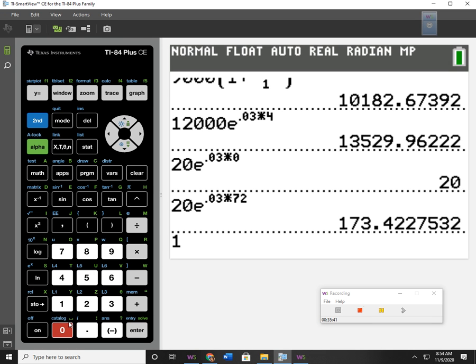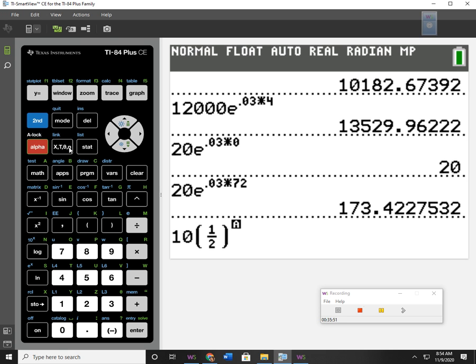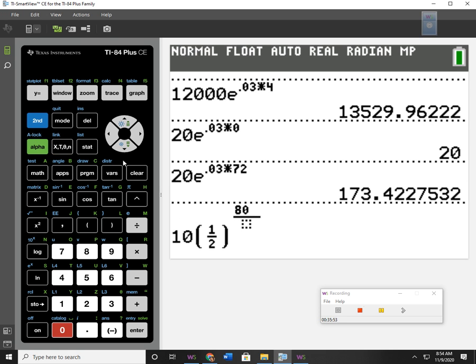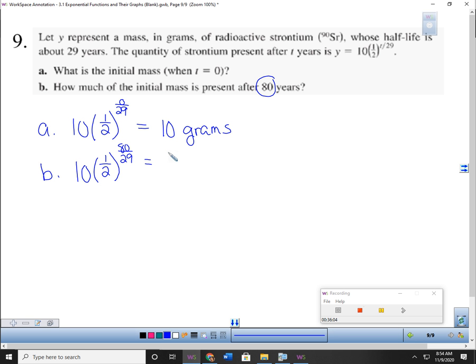So 10 times 1/2 to the 80 over 29. Literally just how you've written it down. So we get 1 point, let's just say 5. So 1.5 grams.